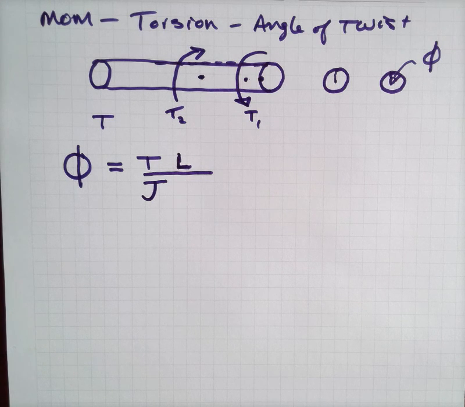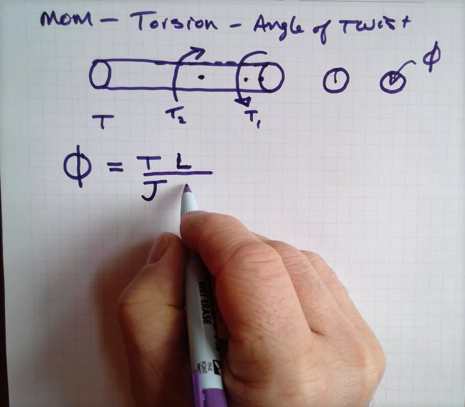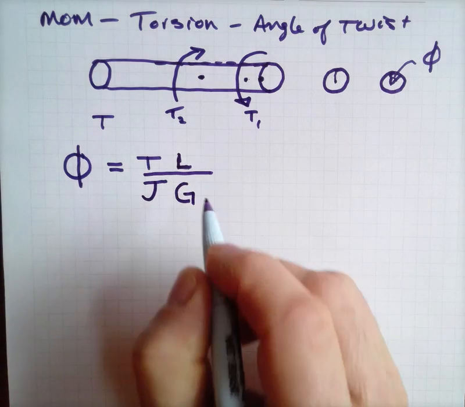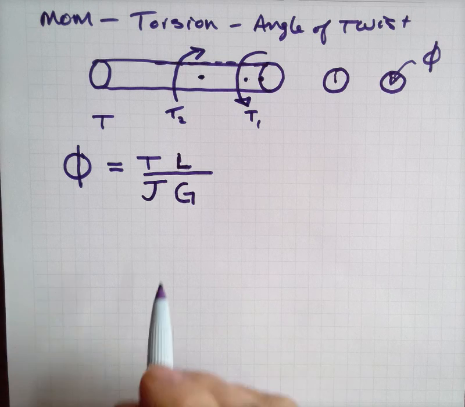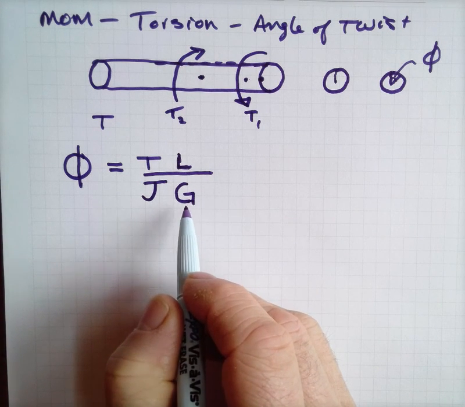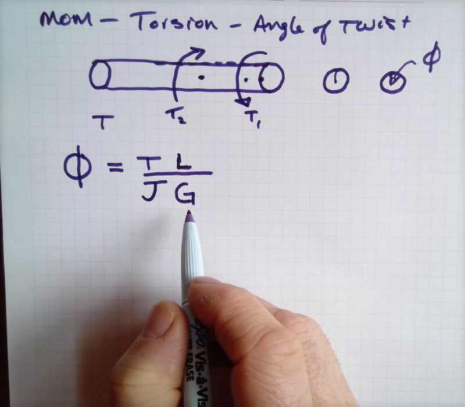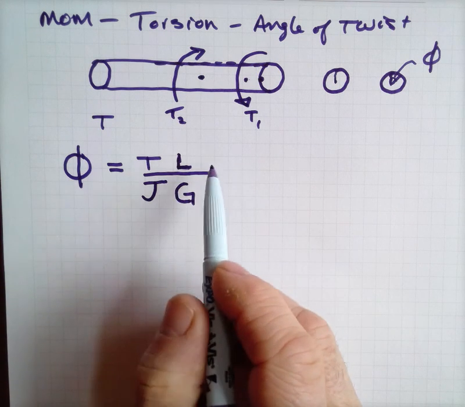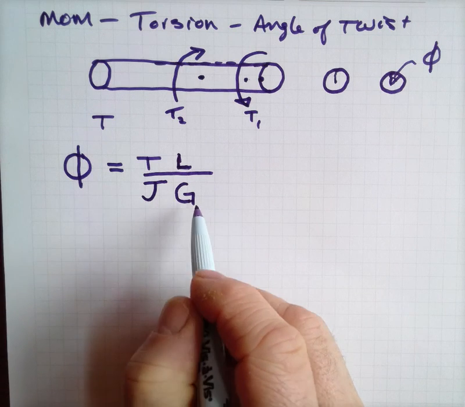And of course you'd be right. The part of the equation that takes that into account is the letter G.